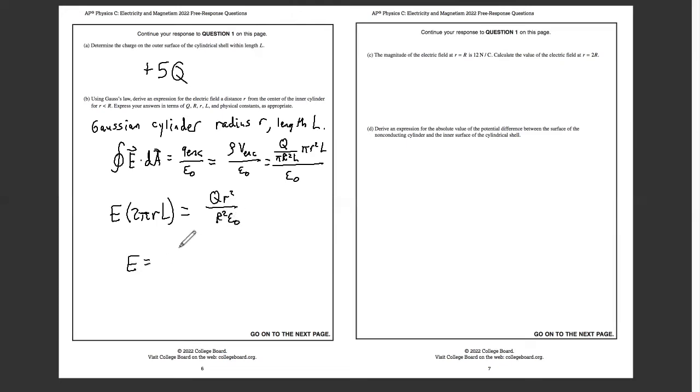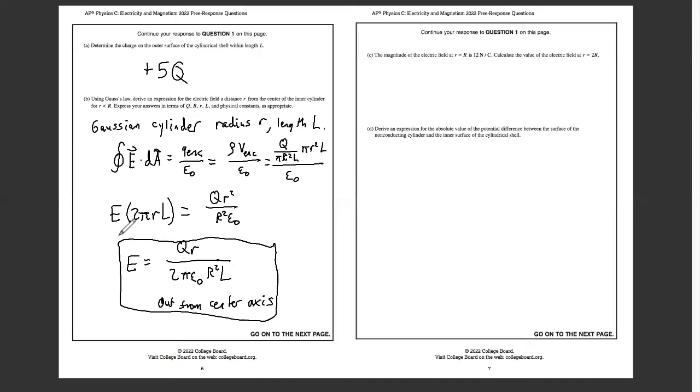Therefore, the electric field is going to be Q r over 2 pi epsilon naught big R squared L, outward from the center axis of the cylinder. This does have the correct dimensions. It looks very similar to what you would expect for a thin insulating rod, back from unit 1 with electrostatics.